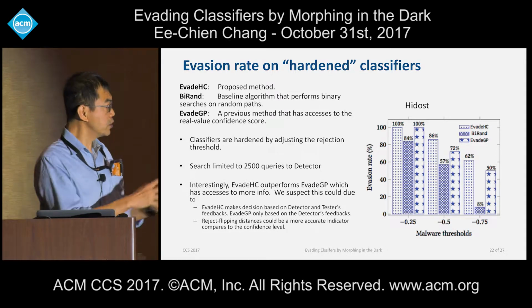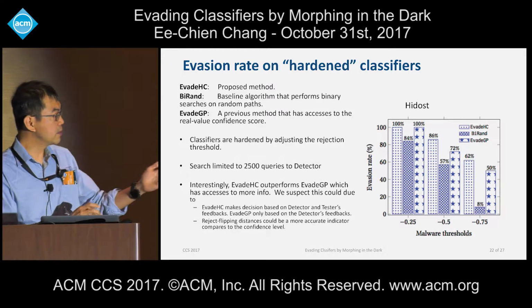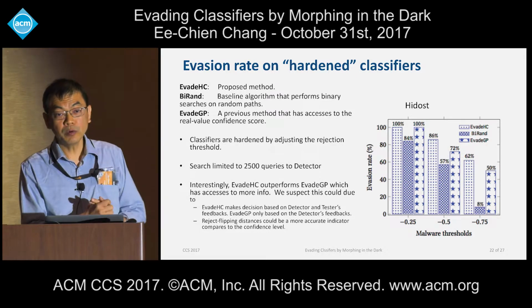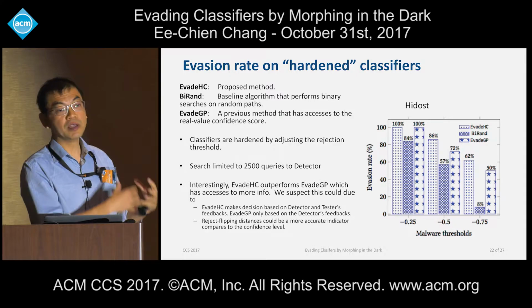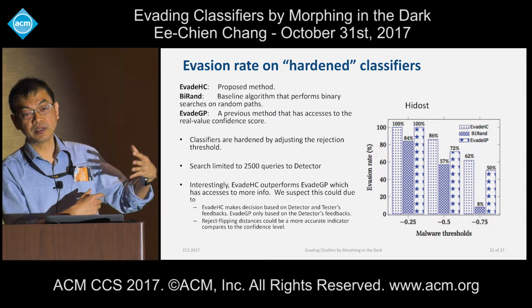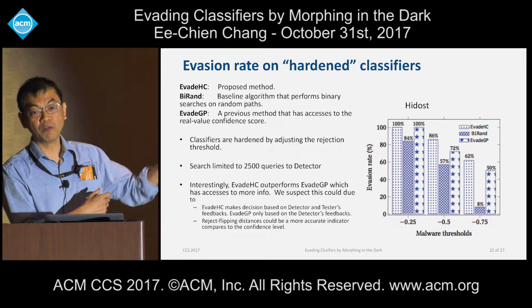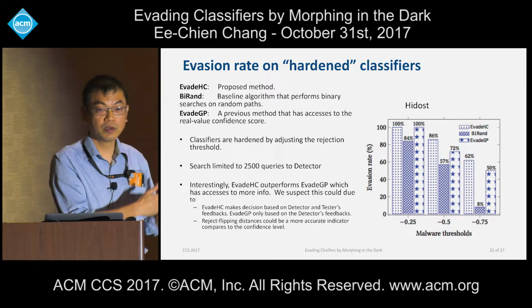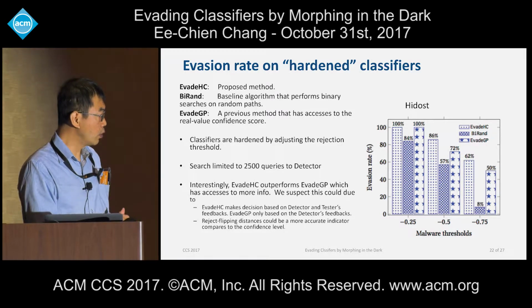More interestingly, our method outperforms EvadeGP, which supposedly uses more information. That means from the detector it gets the confidence level score. So why can we be better?